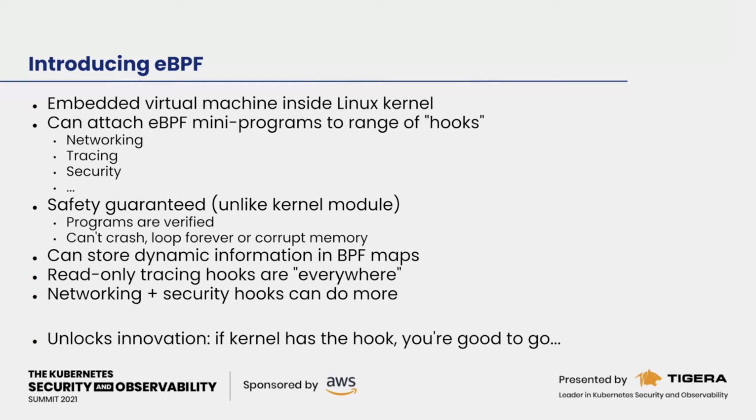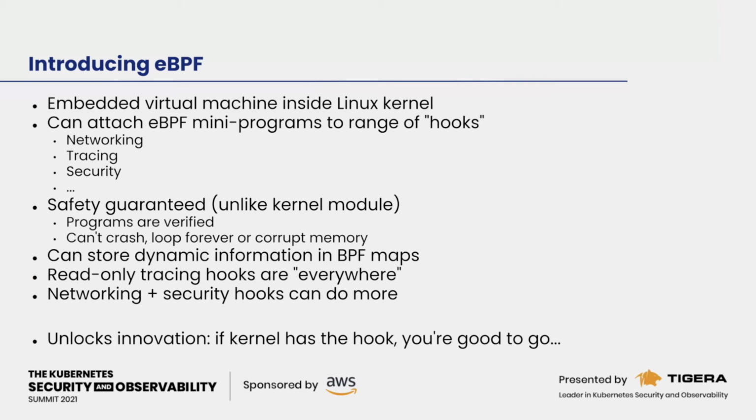So we can do quite involved things in the networking hook, and we still have to pass the verifier. So the program is still guaranteed to finish, and it's guaranteed to not corrupt memory and that kind of stuff. The worst we could do is break the individual packet if we got our logic wrong.